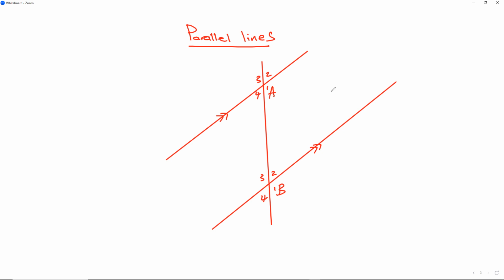The next one: these two angles are exactly the same if they're parallel lines, and they're both acute angles in this case. So when you have a transversal and you've got parallel lines, the angle, in this case A4, will be equal to angle B2. Let's write that down. A4 equals B2.